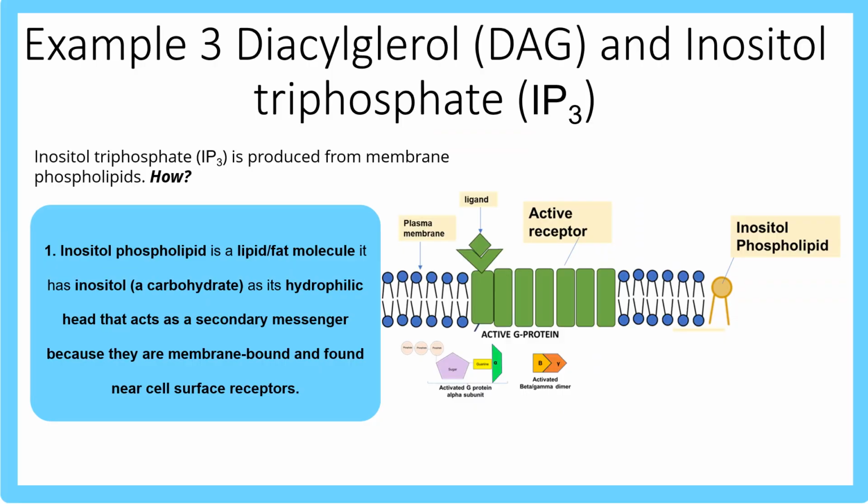Now let's look at the third example, which is diacylglycerol and inositol triphosphate. So inositol triphosphate is produced from membrane phospholipids. Now a gentle reminder that the plasma membrane or the cell membrane is made up of a phospholipid bilayer. So bilayer means 2 layers.